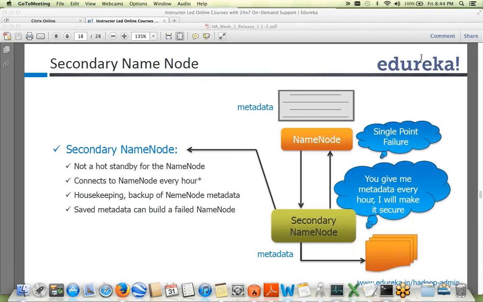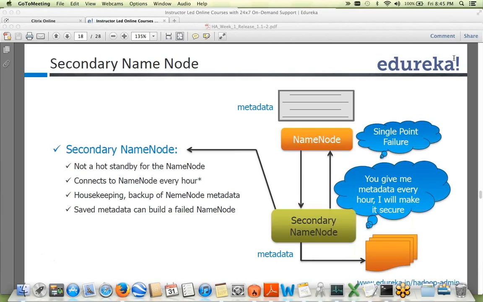So that's a question by Vinod also. If a name node goes down, what happens to production? Yes. So if the name node goes down, basically your cluster is down. You cannot submit requests to read data, write data. You cannot submit any jobs because everything goes through the name node.